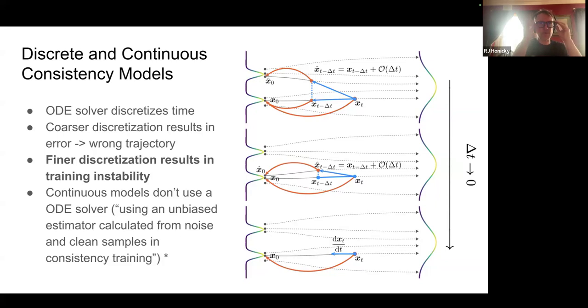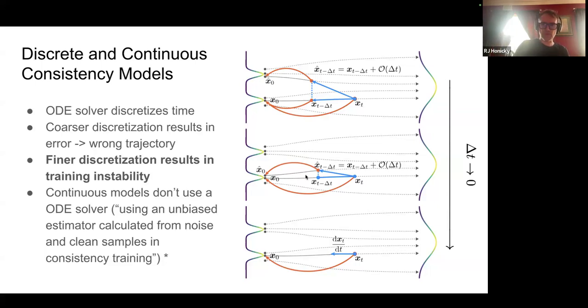Okay, so let's keep going then. These ODE solvers are discrete time solvers. They chunk up the time into little chunks, and then they solve the ODE as best they can given the discretization, the quantization, but that can cause errors.